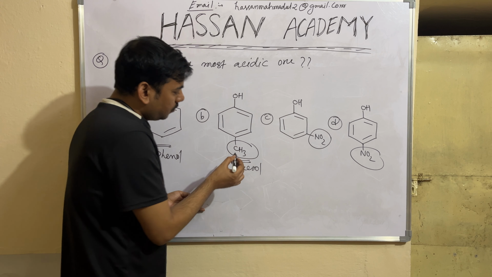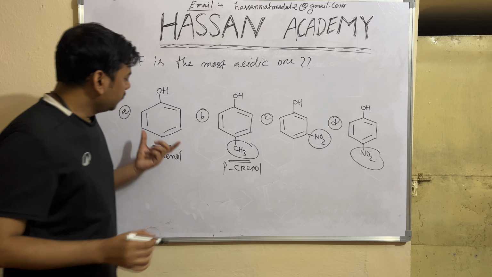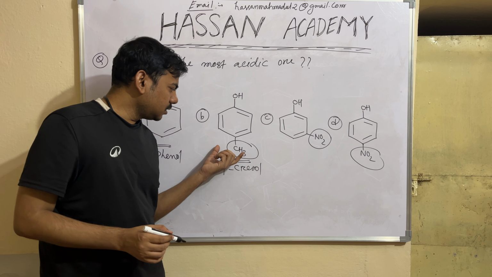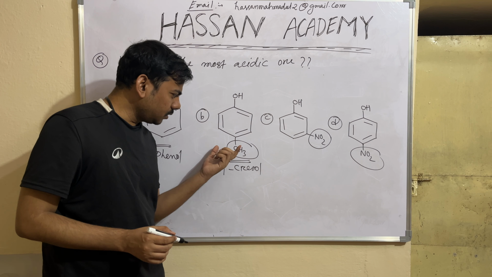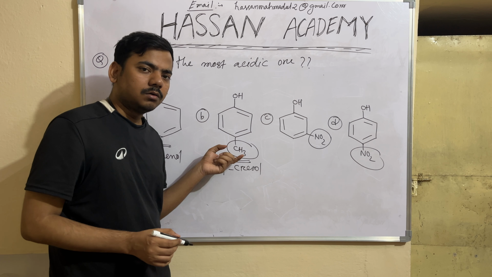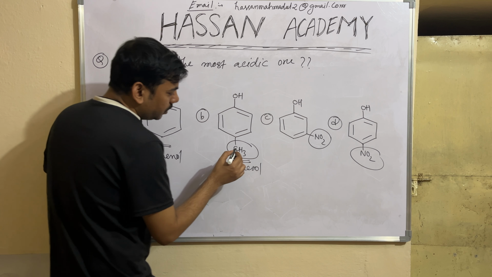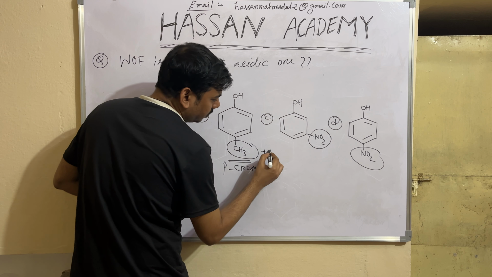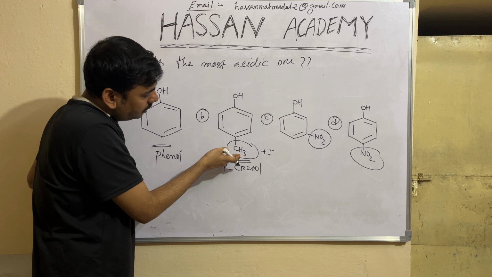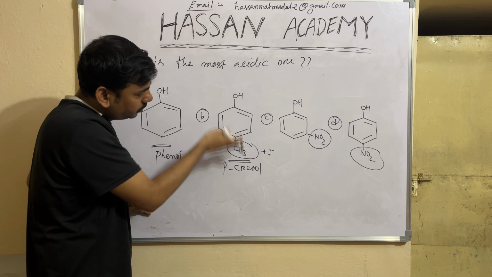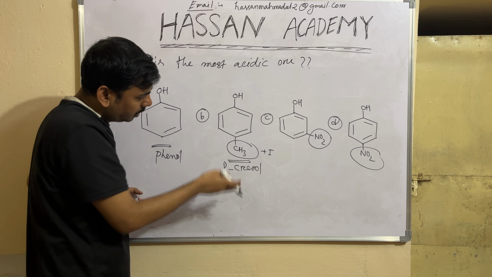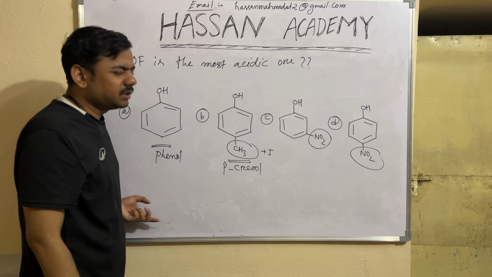Leave it. Now come to the next: phenol is acidic and pK is around 10, so is any group substituted which can show some effect that can increase its acidity or not? That you have to see. Now you know that the methyl group can show plus I, but since the phenol OH and this methyl are opposite to each other, four carbons away, this plus I is very negligible.